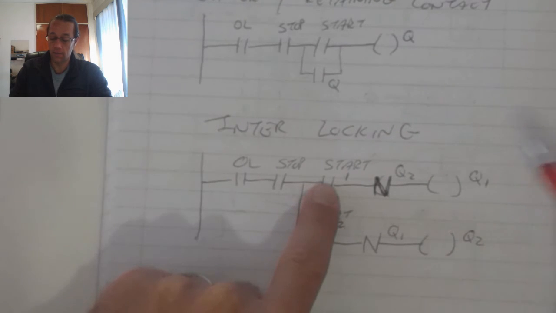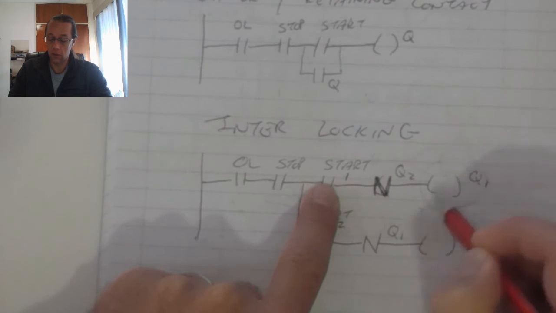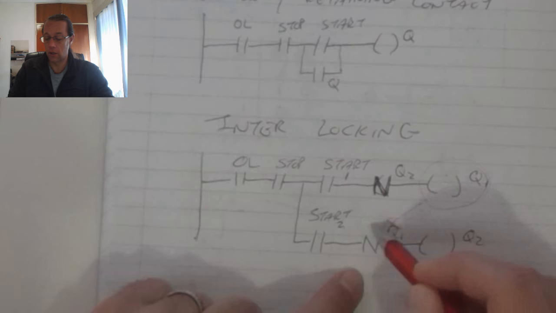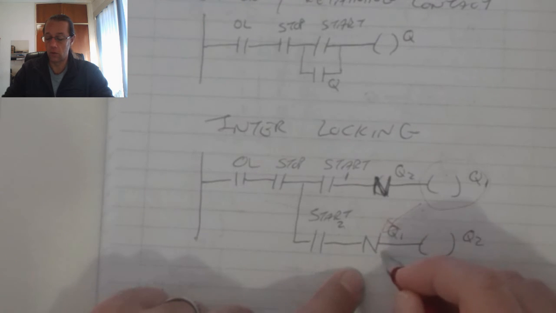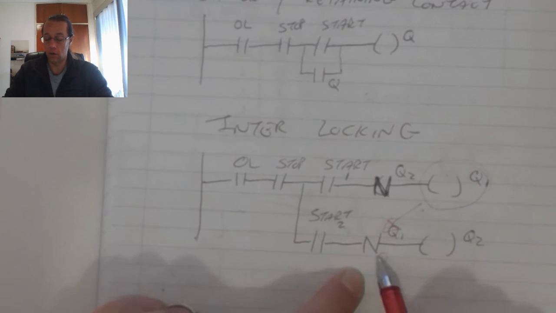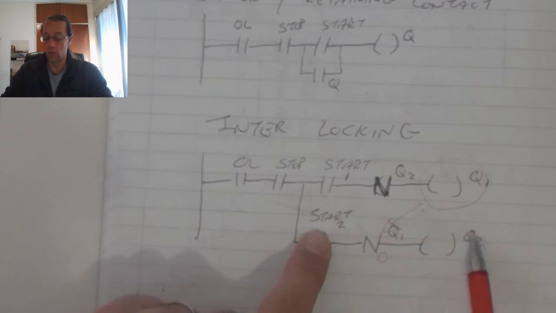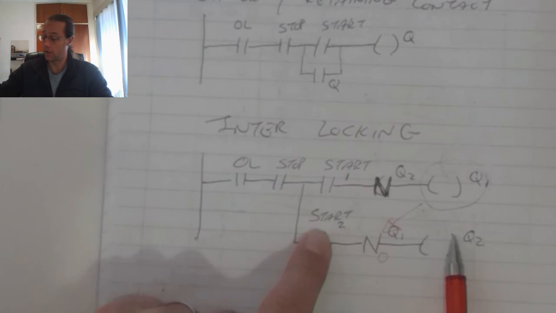When Q1 activates, it will go on to control this Q and cause it to be open, so that I cannot press start 2 and activate Q2, because this Q1 normally closed interlock will stop Q2 from becoming active.